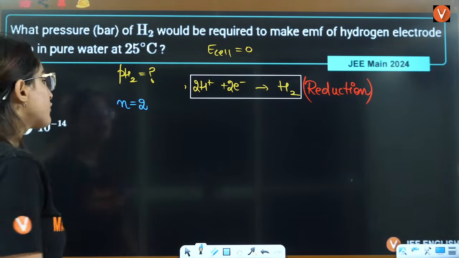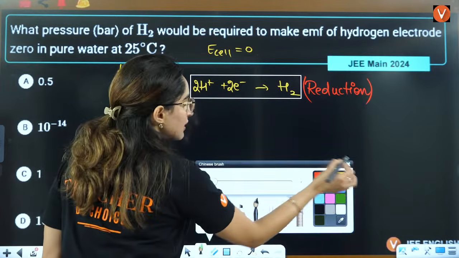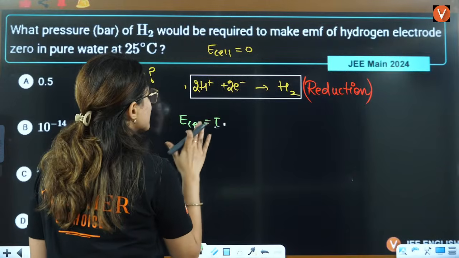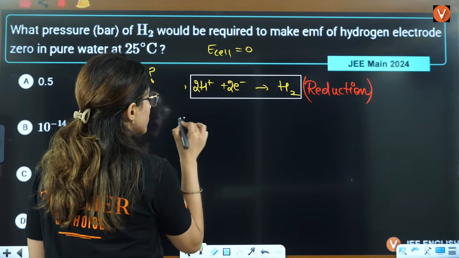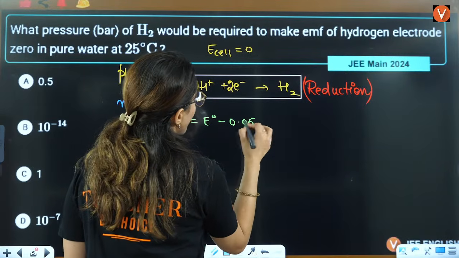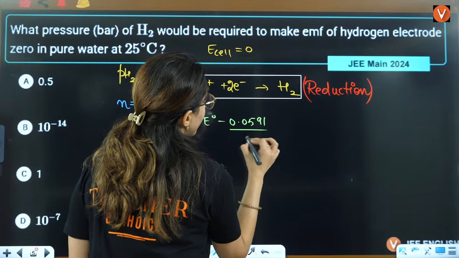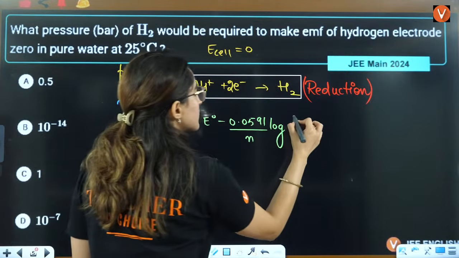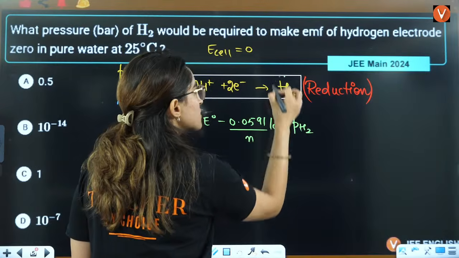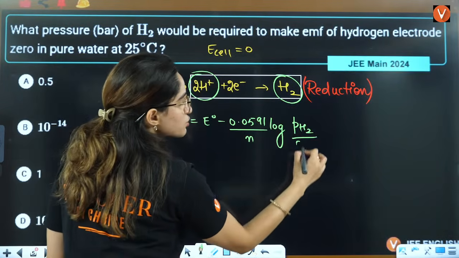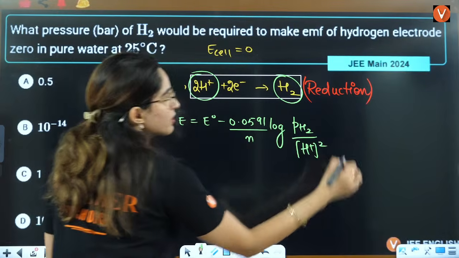So if you apply this formula here, that is E cell, or you can just say E is equal to E naught minus 0.0591 divided by N log of, this is product, this is reactant, so this is P of H2, this will become pressure, and this is concentration, so this will be H positive square.